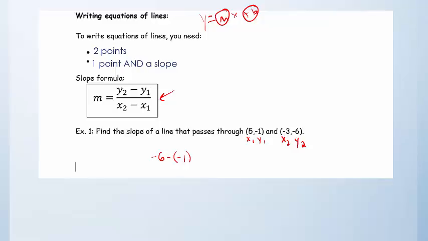Notice that I'm writing my minuses side by side like that. So this actually becomes -6 plus 1, which is -5. And -3 minus 5 is -8. And do me a favor, anytime you have 2 negatives being divided, it's going to be a positive outcome, so rewrite it as a positive slope.